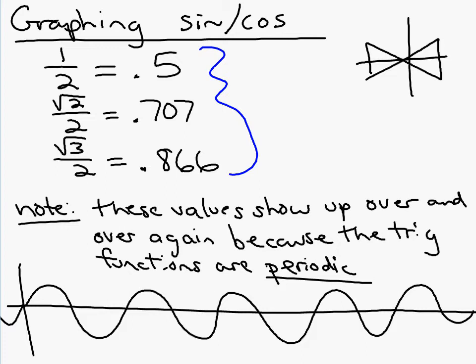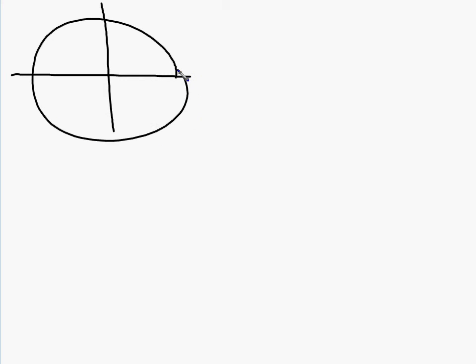Now, what I want you to understand next is the connection between those radian values and the x and y coordinates. You remember when we defined a radian, we said a radian actually measures arc length. Like if my measure is pi/6, we're saying that this measurement right here is pi divided by 6.